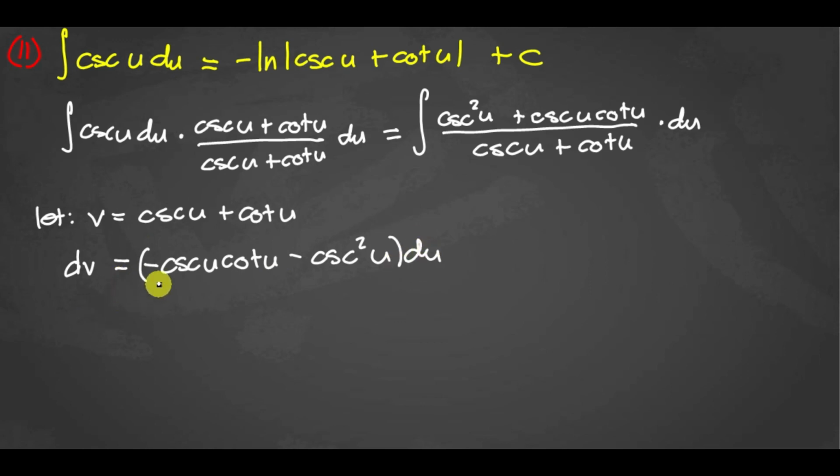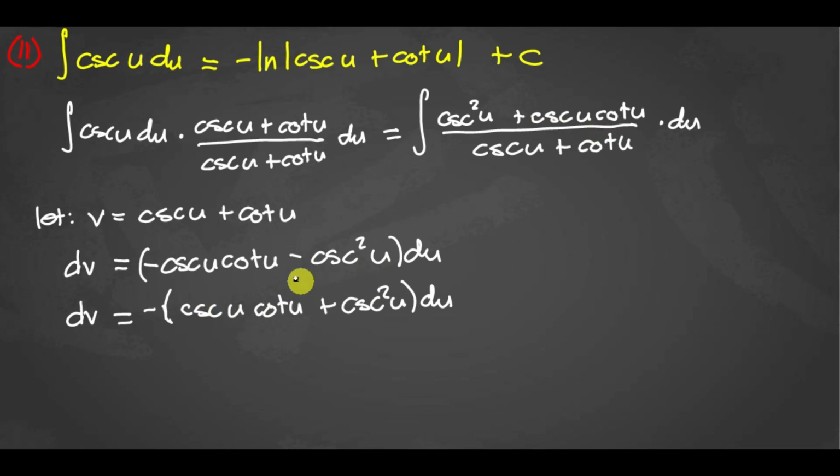If we take the common term, which is negative 1, then we can express our dv as negative quantity of cosecant u cotangent u plus cosecant squared u, du. And this is similar to our numerator.